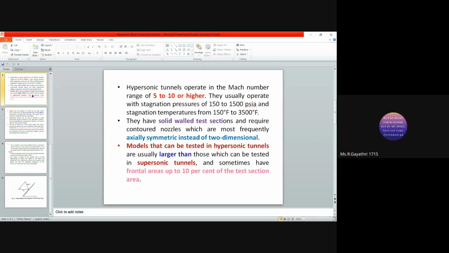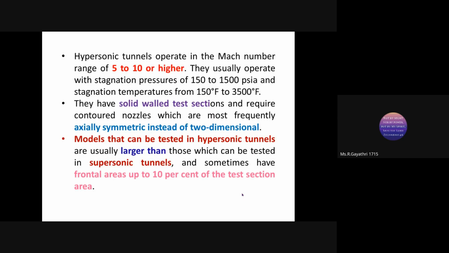One more time, I would like to discuss the hypersonic tunnels. The Mach number ranges from 5 to 10 or higher. The stagnation pressures from 150 to 1500 psia and the stagnation temperatures from 150 degrees Fahrenheit to 3500 degrees Fahrenheit.